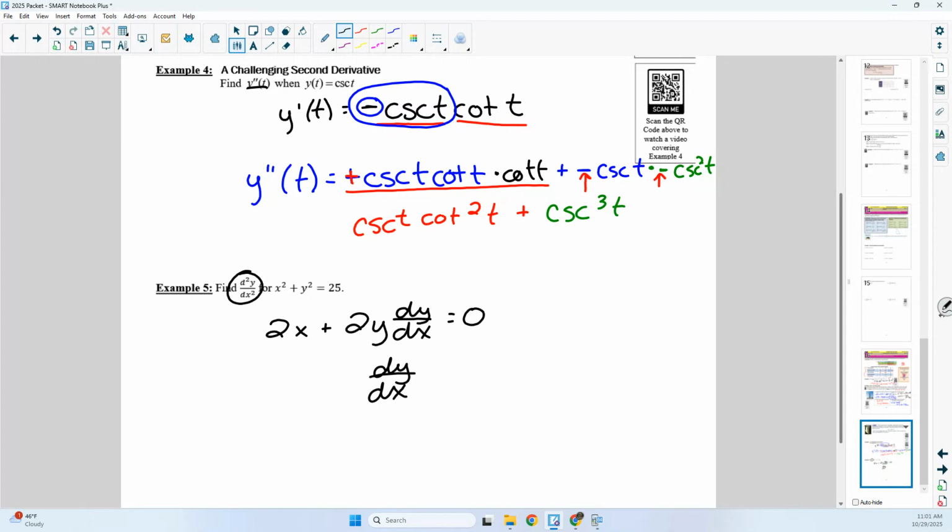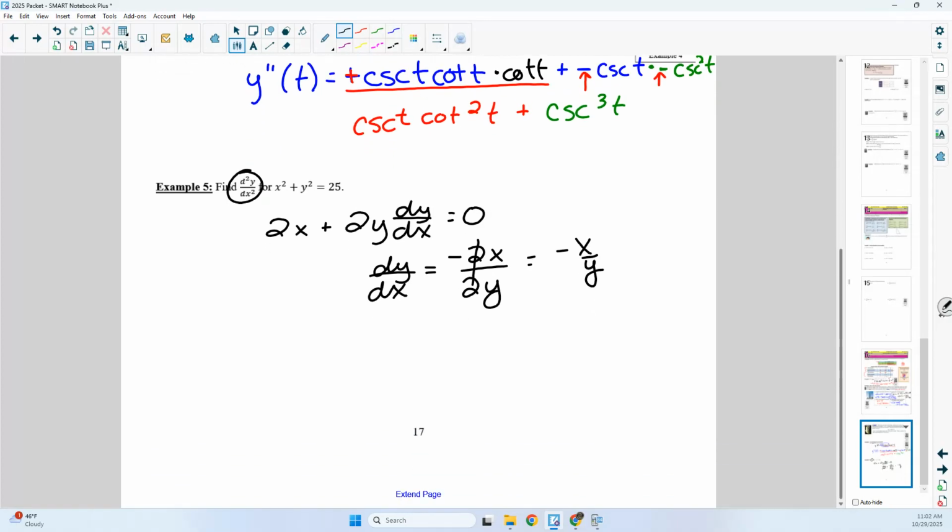So I'm going to subtract the 2x and divide by 2y, giving me negative x over y. So to get to my second derivative, I have to work from this. I don't have a lot of good information now about what y is, but we will have to work with that later. And I do see that I'm going to have to use the quotient rule.